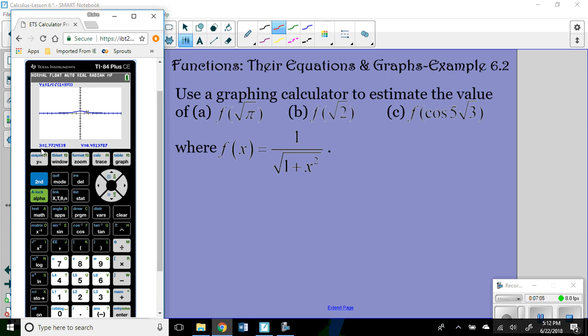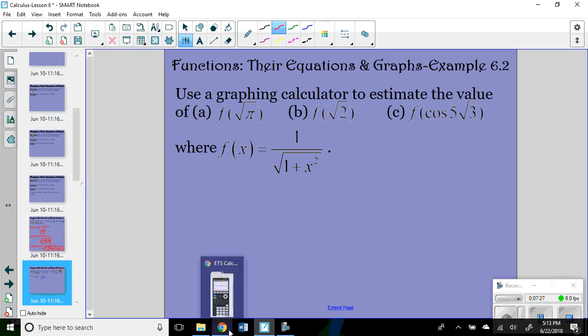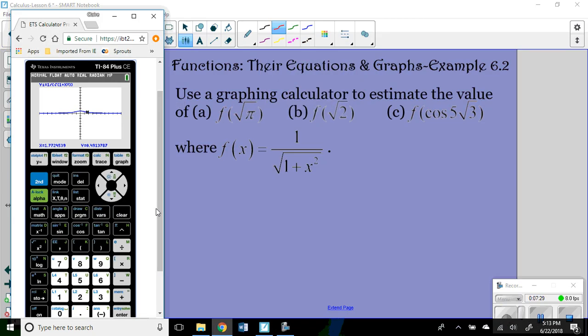That was our x value. We're looking for the y value. So this is our y value, 0.4914. So you can write that for your part A.